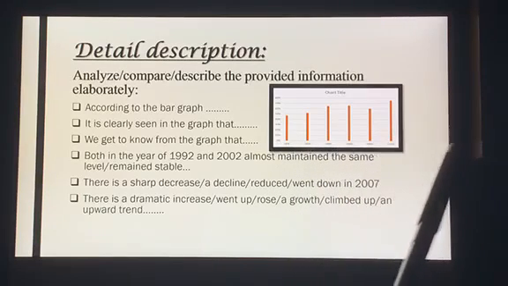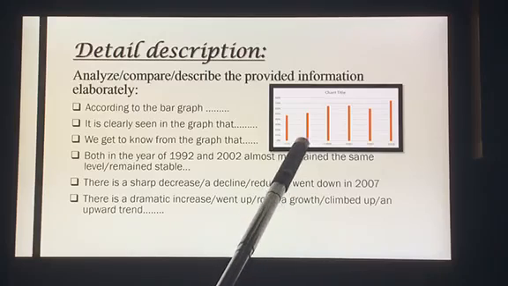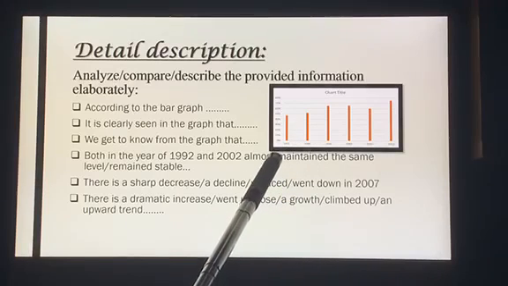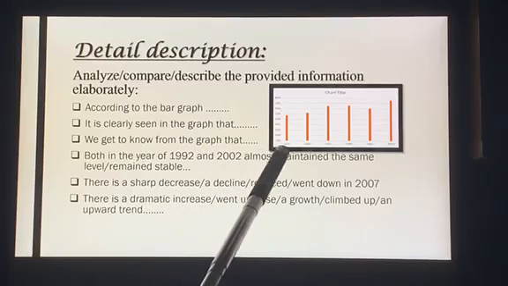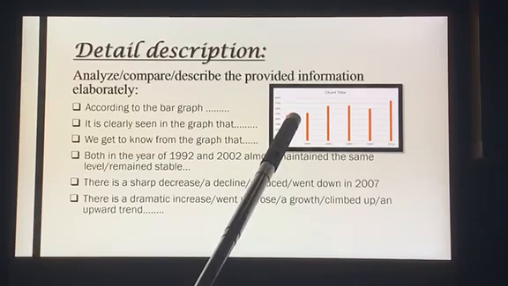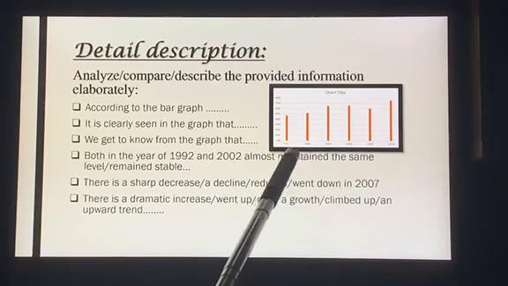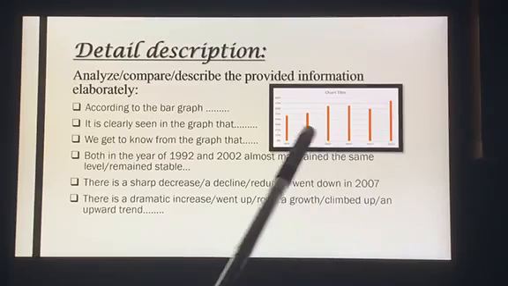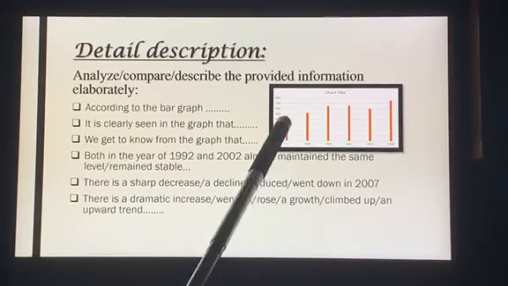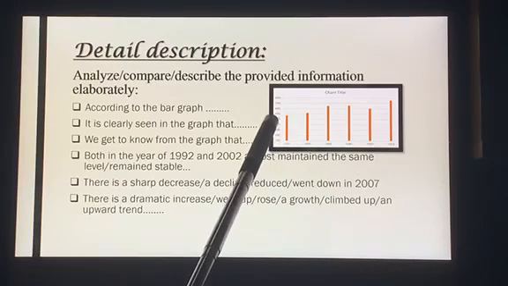And at the beginning of the graph, we see in 1972 the percentage of the literacy rate is about 47%. You also have to mention the percentage that is shown in the graph. In 1972 it is 47, near to 50%.